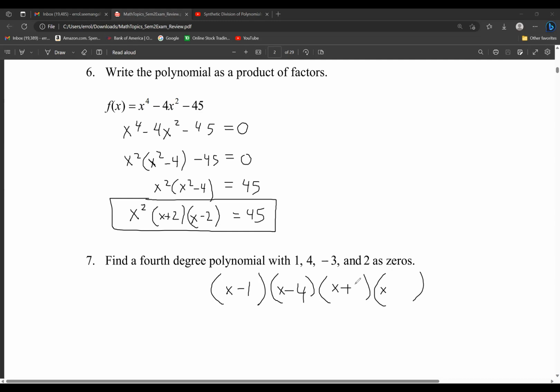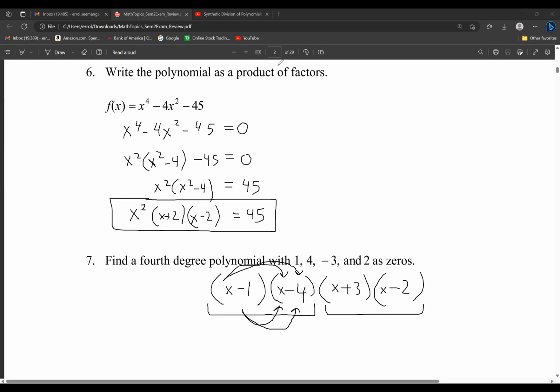X plus 3. And x minus 2, right? Now you're just going to multiply the whole thing out. So multiply these two together and then multiply these two together. This one times this one, this one times this one, this one times this one, and then this one times this one.